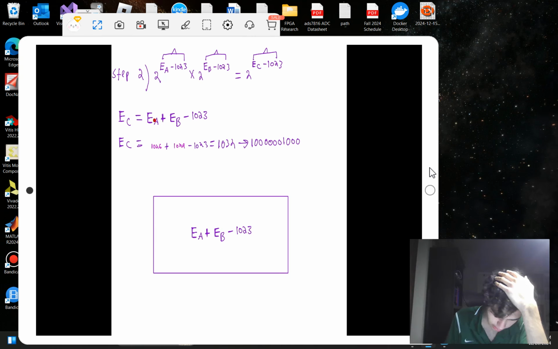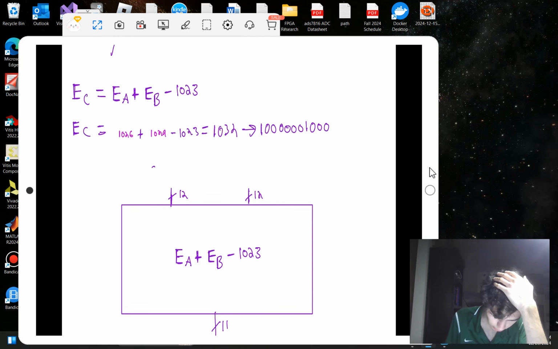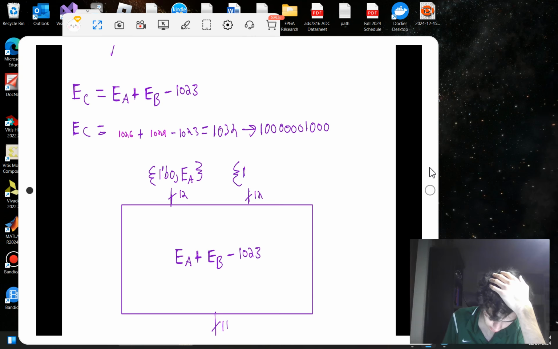Remember, EA and EB are both 11 bits wide, but we're going to make it be a 12-bit adder. And it'll have an 11-bit output. And the reason why is to protect against overflow, we're going to add EA and EB like this, where we have a 0 at the end, into B0.